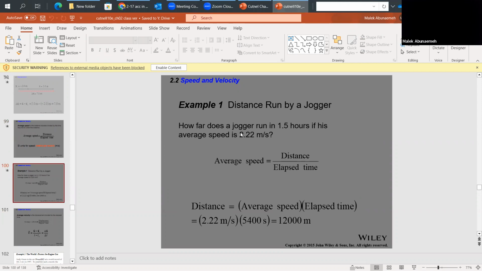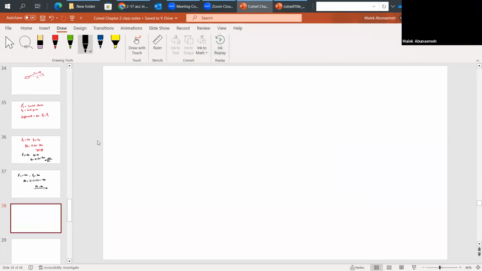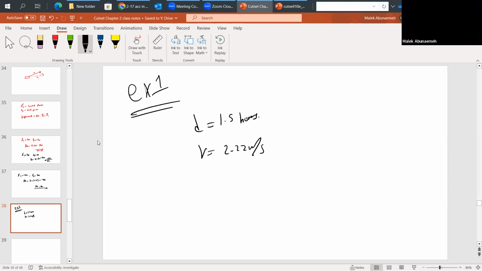So how far does a jogger run in 1.5 hours at a speed of 2.22 meters per second? Let's say this is example 1. You've got your time at 1.5 hours and your velocity at 2.22 meters per second. I'm sorry, that's your time. You're looking for your distance.